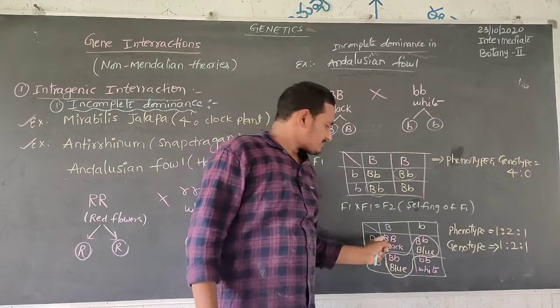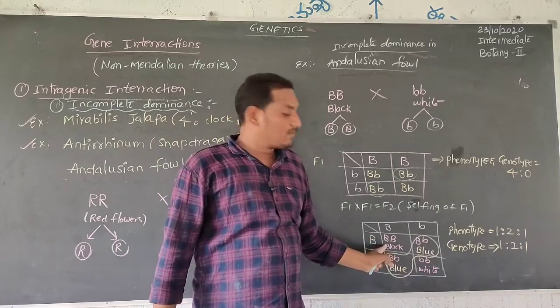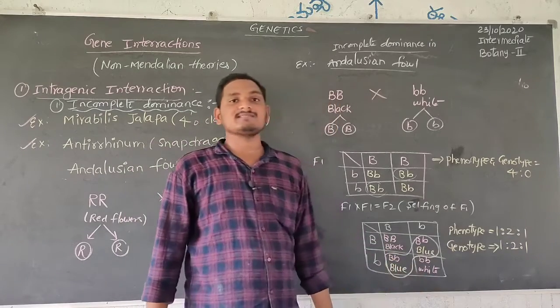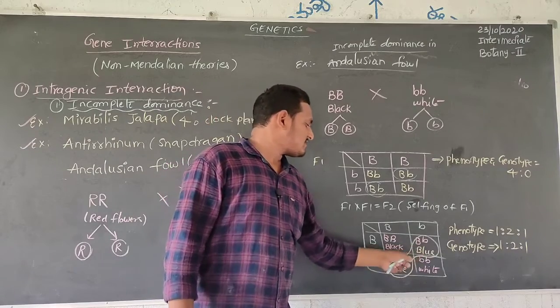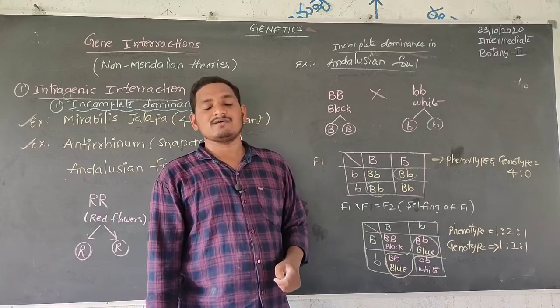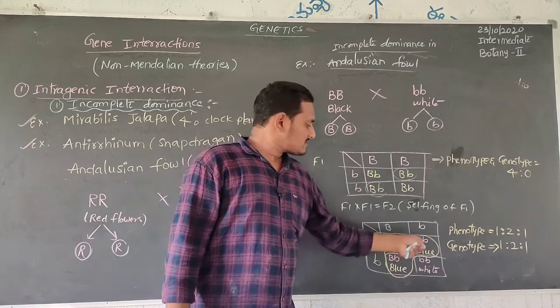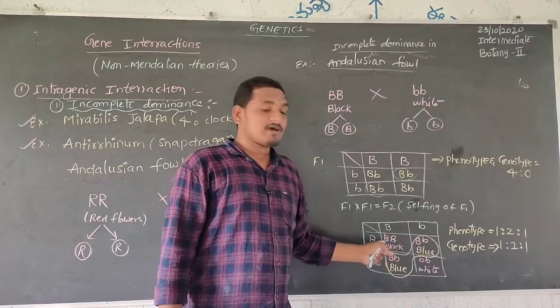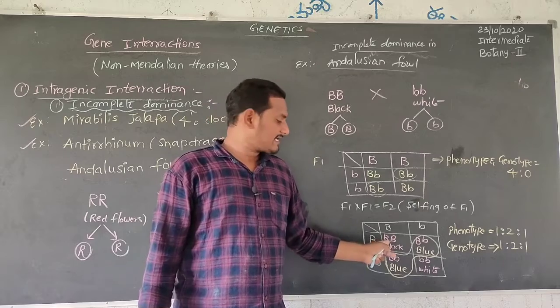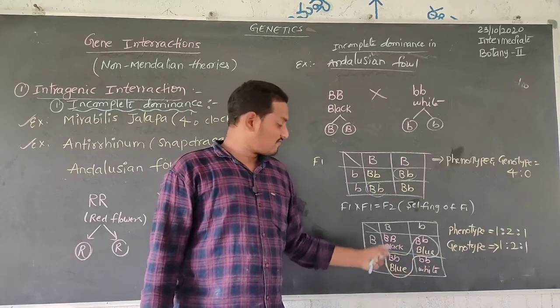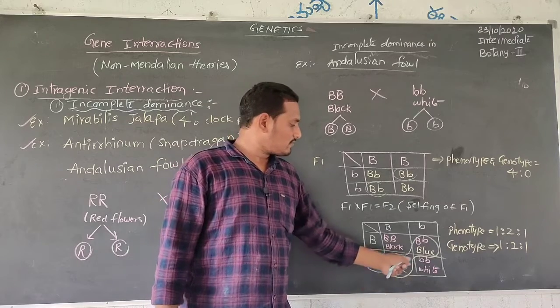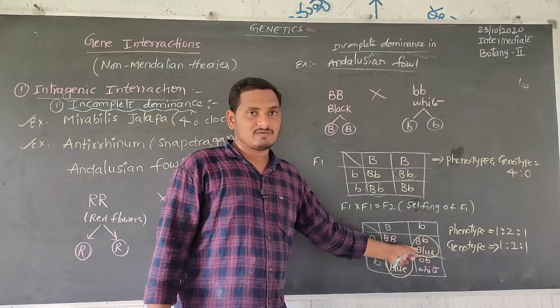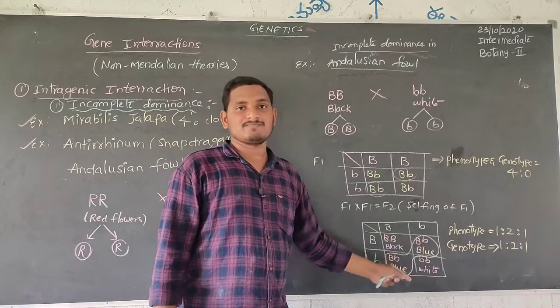In the market, black color and white color hens are available at very low cost, but blue color ones are very high cost. Why? Because this is rare. So farmers in poultry are killing these two types of hens, black and white, and they only grow the blue ones.